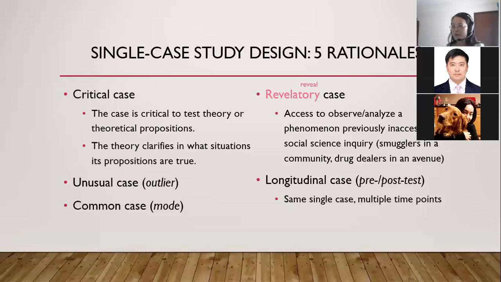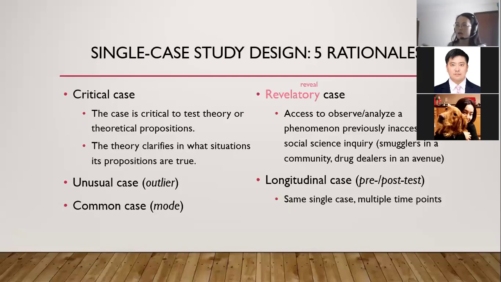And the other one is the revelatory case. So revelatory is like to reveal something unknown before. In this case, it means before this kind of case was not accessible to the inquiry, but now suddenly it becomes accessible. So I give some examples here.